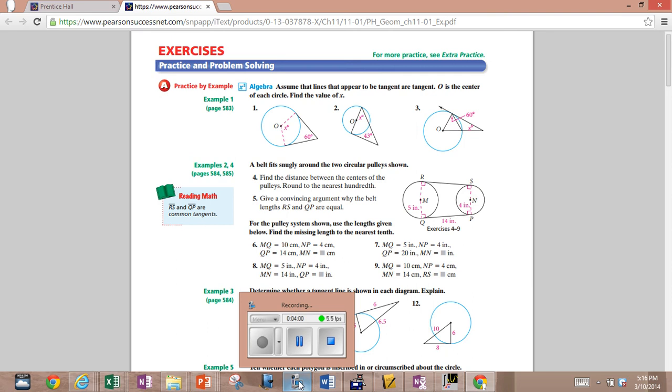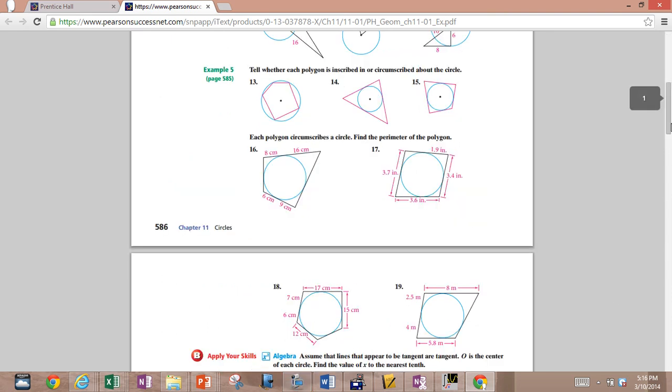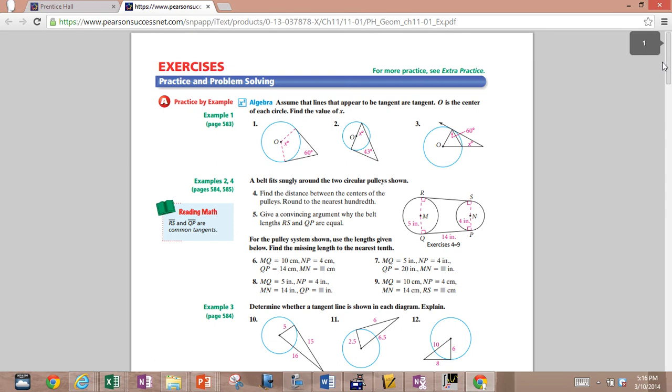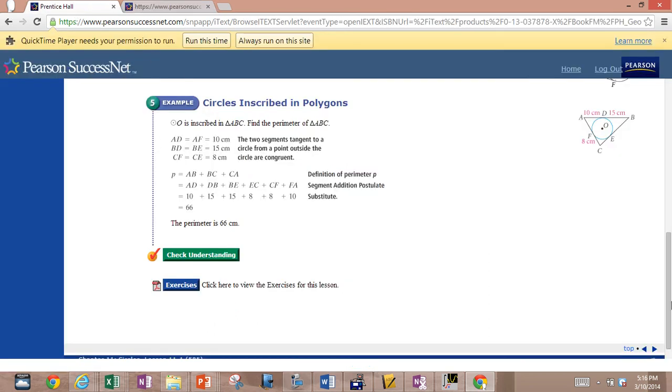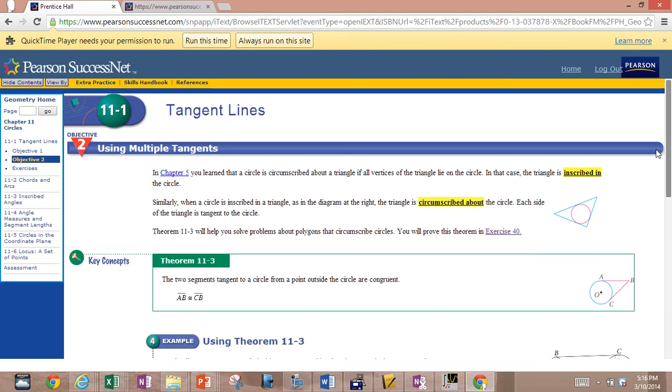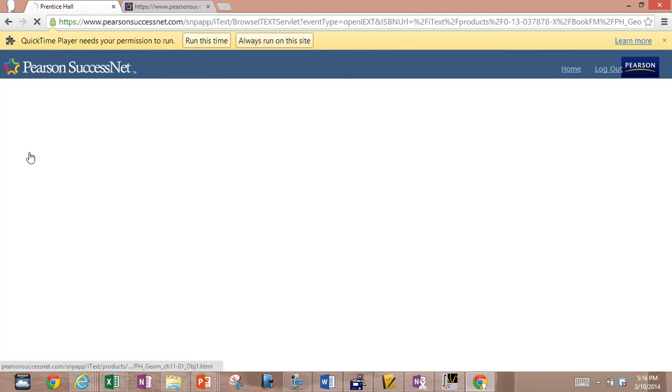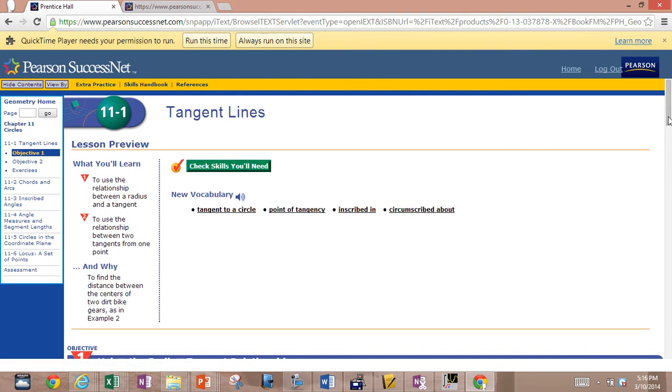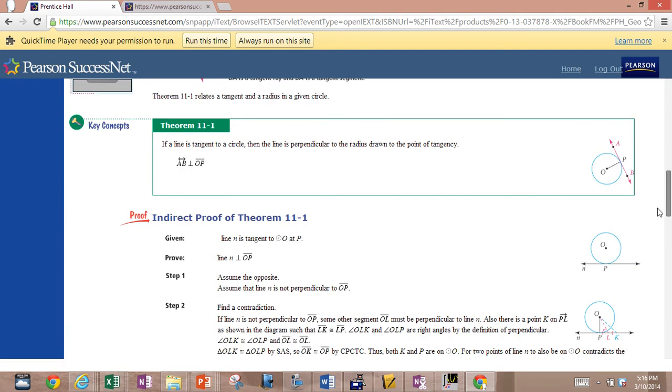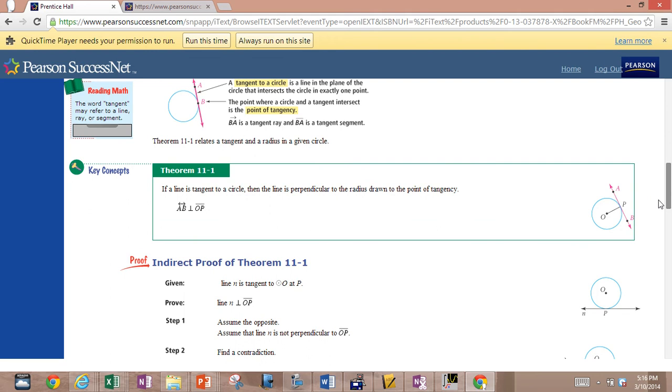Remember that, refresh that 11.1 stuff, the vocabulary. Go back over it, because in one of the previous Sketchpad assignments, we illustrated this whole big idea here. This is the big idea for this section: that a tangent and a radius always meet at right angles.